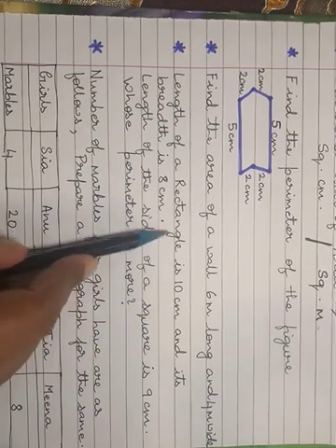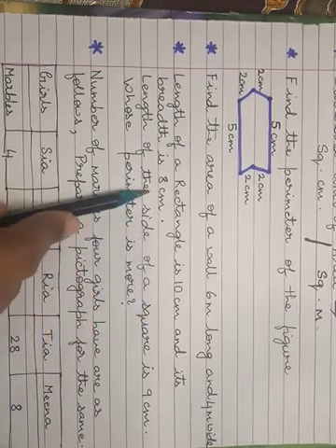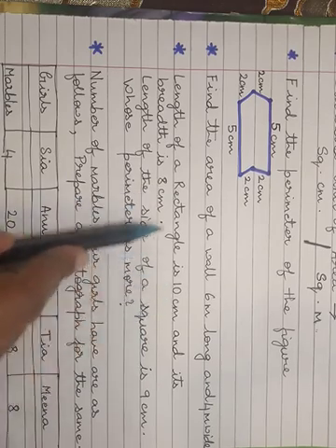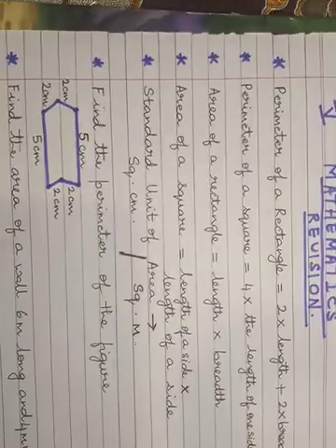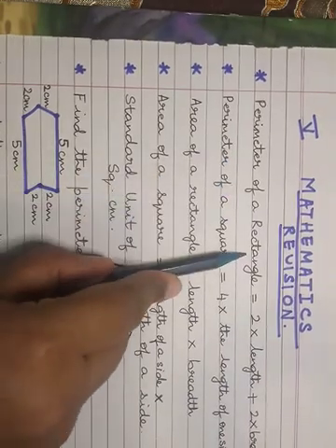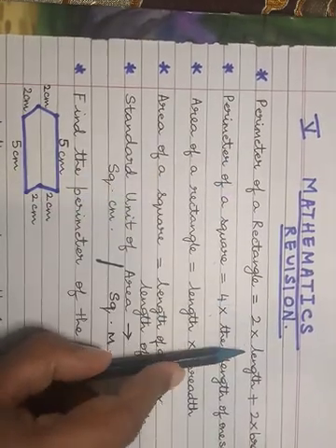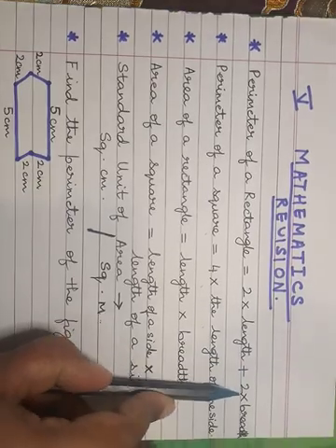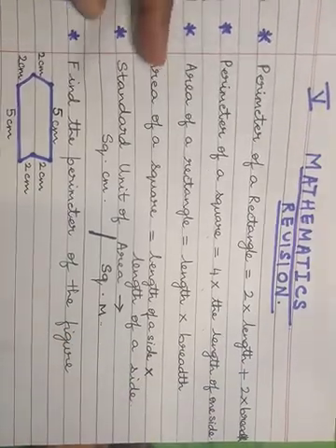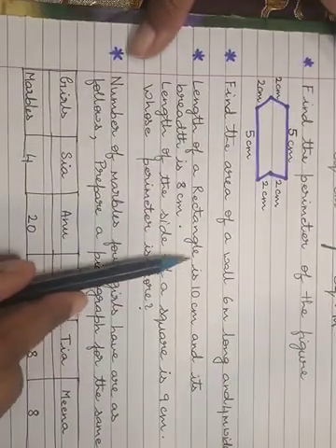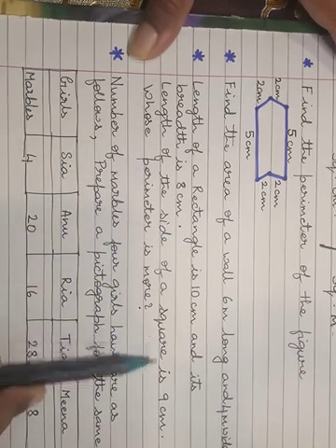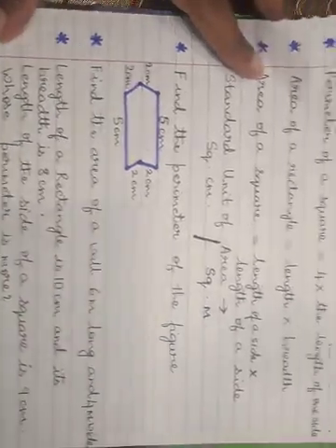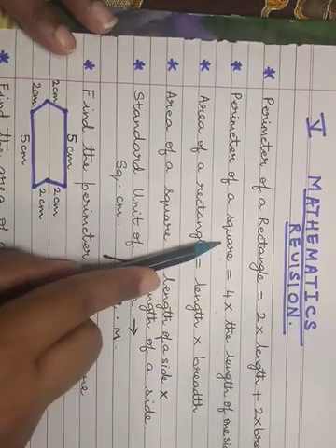So we will first find the perimeter of the rectangle, using the formula perimeter of a rectangle is equal to 2 into length plus 2 into breadth. Then, since the length of the side of a square is 9 centimeters, we will find the perimeter of the square.